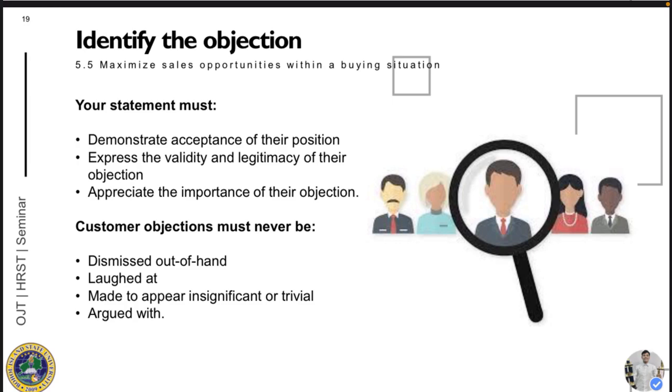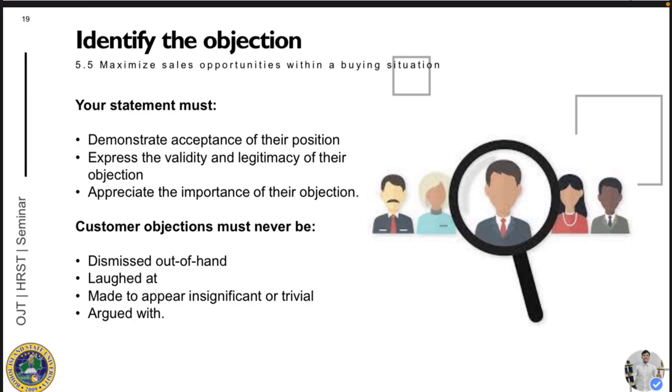Next is argued with. Do not argue with the customer. Remember this: the customer must realize you have heard what they are saying and have understood their objection. This means you need to restate their objection by paraphrasing what they have said and accepting it as a legitimate concern to hold.